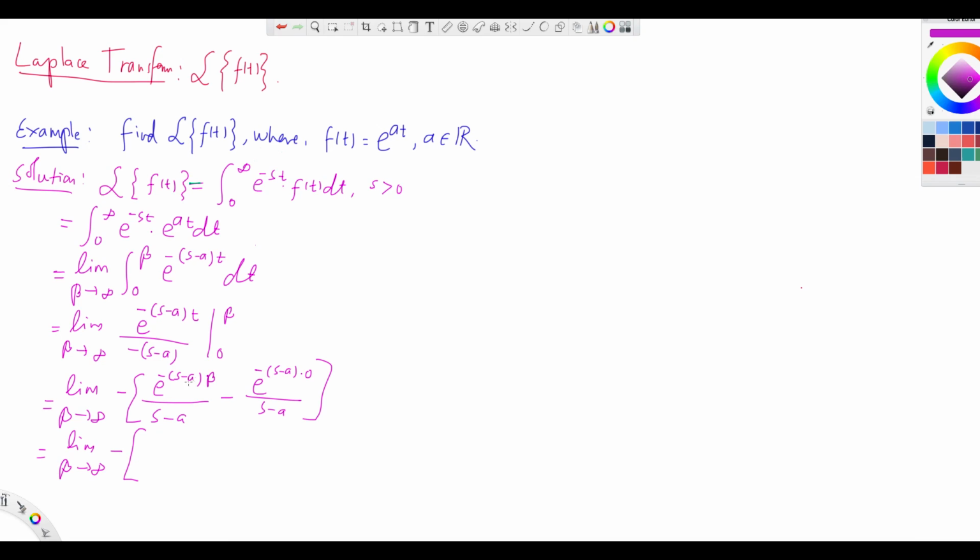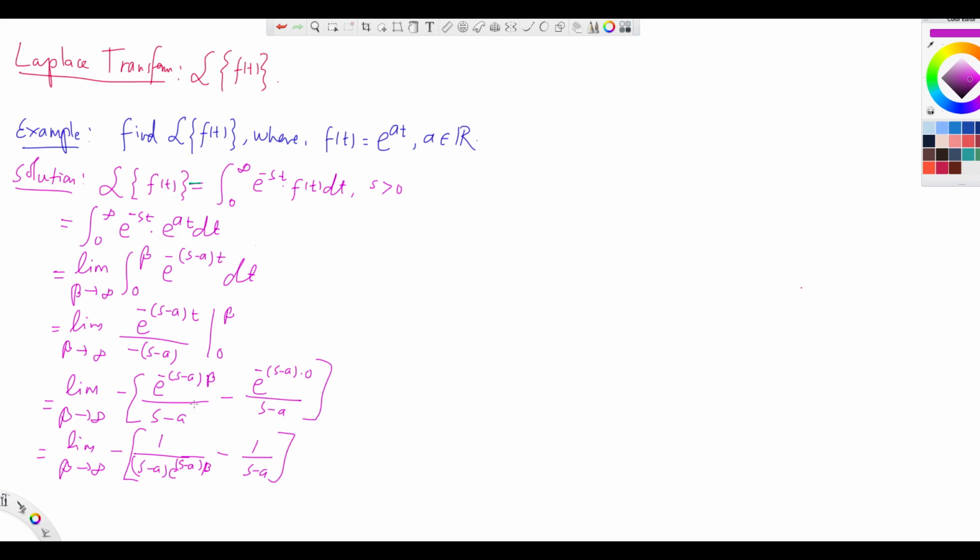Then s minus a is positive, and beta tends to infinity, so this exponent is basically negative. So I want to move that and write it like this: (s minus a) e to the (s minus a) times beta, and then minus e to the 0 times that, which is just 0. So that will be 1 over (s minus a).